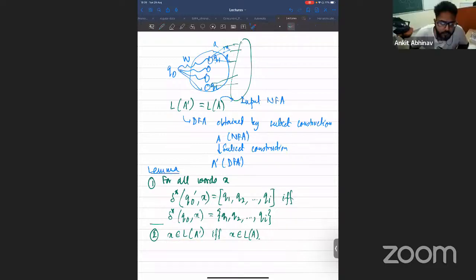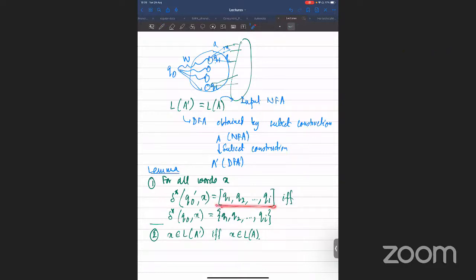After reading X, the set that you have reached, Q1, Q2, ..., Qi, has an intersection with F that is not empty, by the definition of acceptance of the DFA.